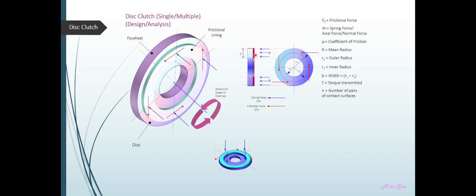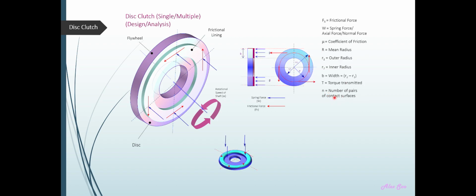One side of the frictional lining material of the plate clutch is in contact with the pressure plate, and the other side is in contact with the flywheel. So it forms one pair here and the second pair is here. So N is always equal to 2 for a single disc clutch because it refers to the number of pairs of contact surfaces.